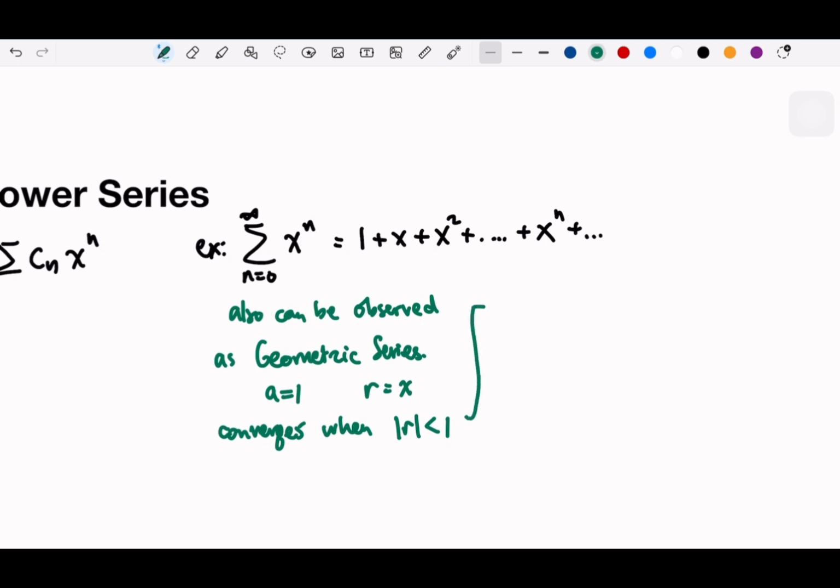So we know that it converges when this is true. And then the sum of the geometric series when it converges is a over 1 minus r, or in our case, this will be 1 over 1 minus x.